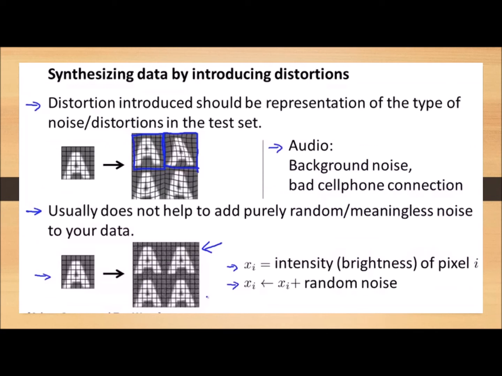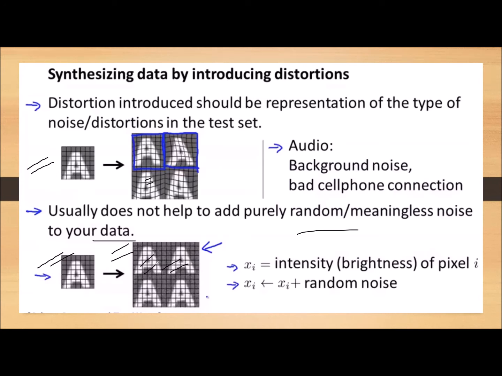We can observe here that in some cases, if you are adding a distortion, we are getting artificially synthesized data. It does not mean that if you randomly add some noise, you may get some 1,000 types of different examples. Here, the left side A is the same as the right side A. Even though you added some random noise, there is no difference because it is not a distorted image.